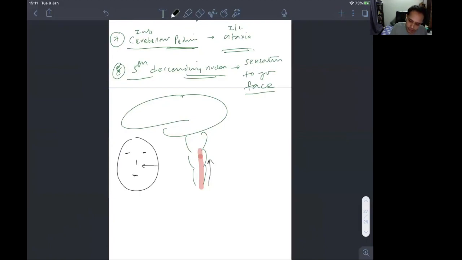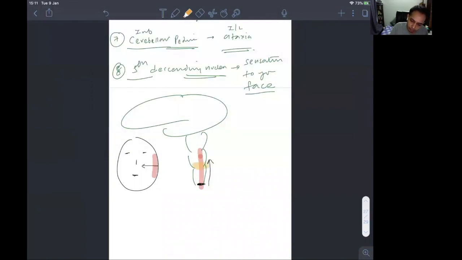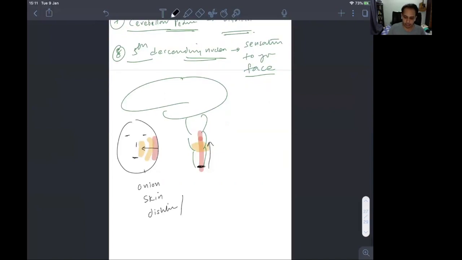So if there is a lesion in the medulla, there will be sensory loss outside. If there is a lesion above in the pons, the sensory loss will be closer to the center. This is known as onion skin distribution. It's also called the balaclava pattern.